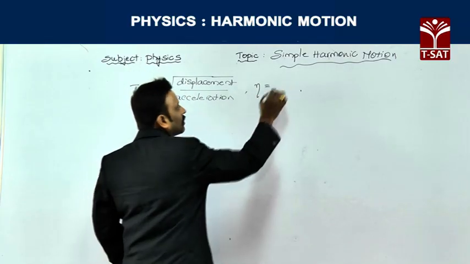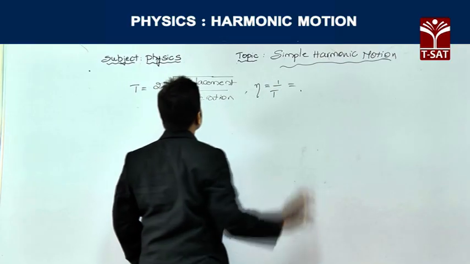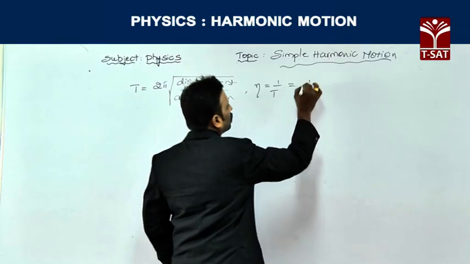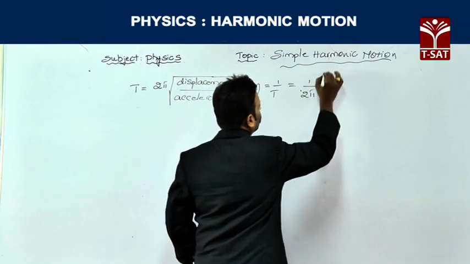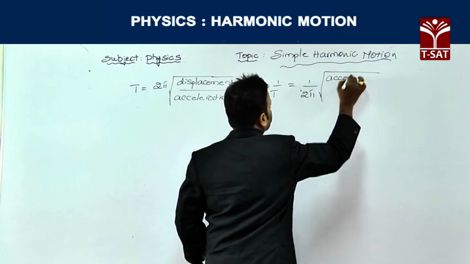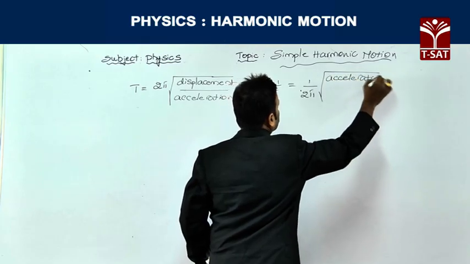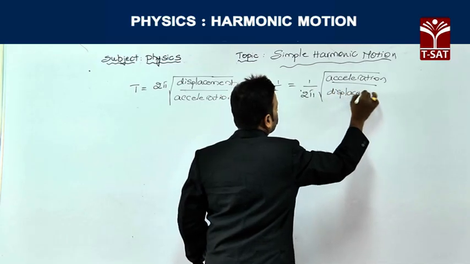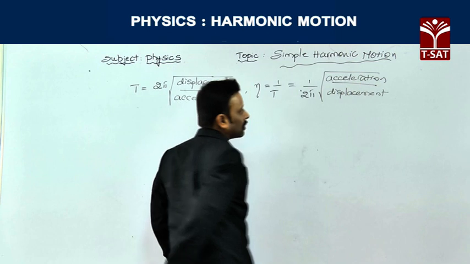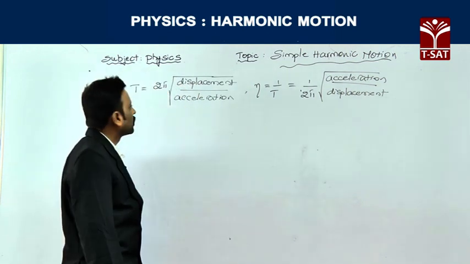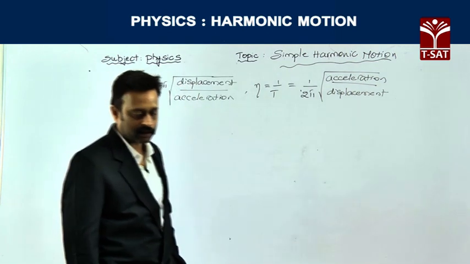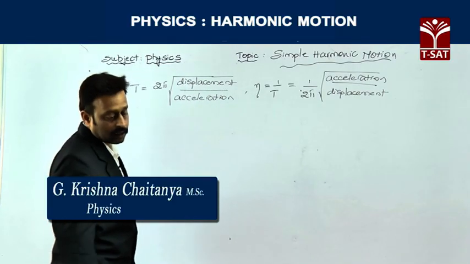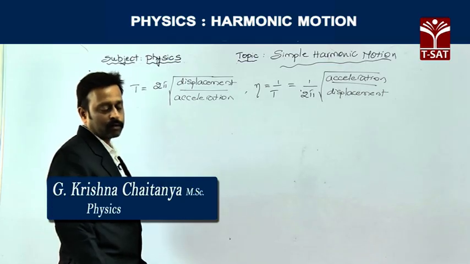Frequency is nothing but reciprocal of time period. So what happens to the relation for frequency then? 1 by 2 pi under root acceleration by displacement. So these are the expressions for time period and frequency, which are the characteristics of a particle executing simple harmonic motion. This is under linear simple harmonic motion.